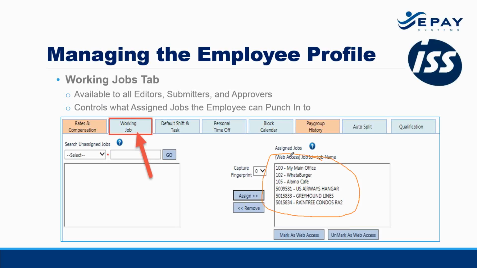Now, as I mentioned earlier, we never put a district as the default job, because if you do that, the employee will be able to punch in at the district level. What that often does is skew our reporting for one, but it also skews our coding and labor, because we're having labor go into a district level when it actually should go down to the job level.